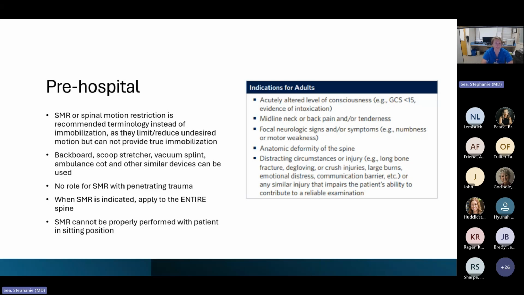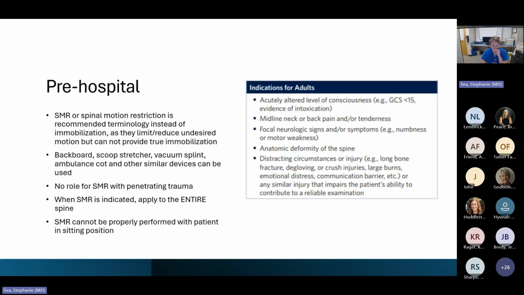We absolutely cannot provide true immobilization unless the person magically went to the OR and was fixated. So again, our goal here is just to keep these as neutral as possible. Pre-hospital, they'll use things such as backboards, scoop stretchers, vacuum splints, even just the ambulance cot, that's what they've got, and any other similar devices to keep these patients as spine neutral and motion restricted as possible.